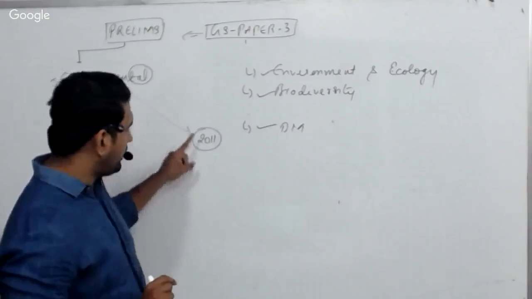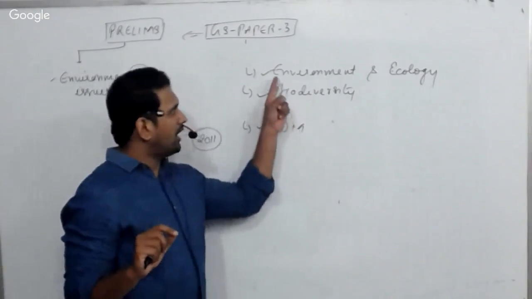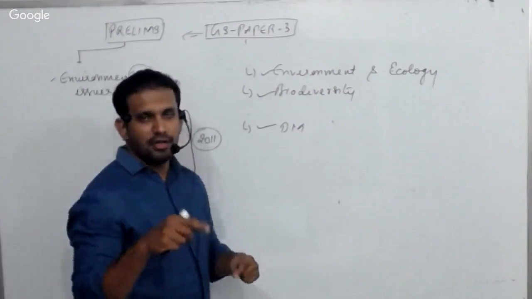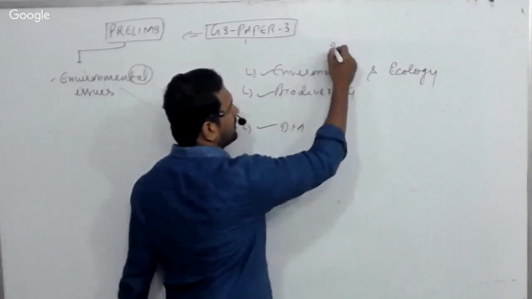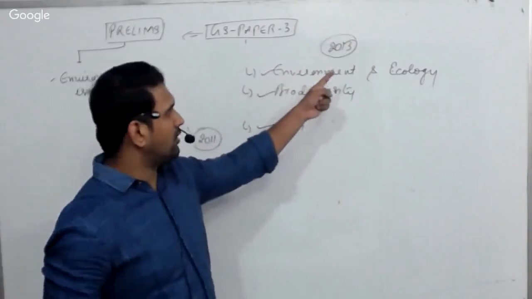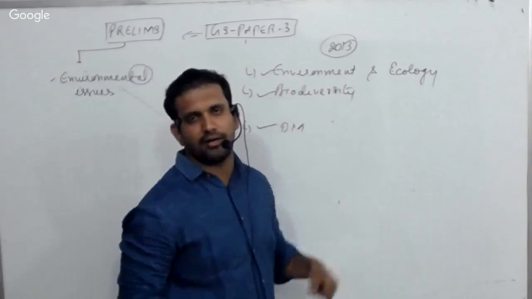In this year, there was no environment and biodiversity in the mains paper. It is only in the year 2013 that environment got a space in GS paper 3 and they included these topics under it.